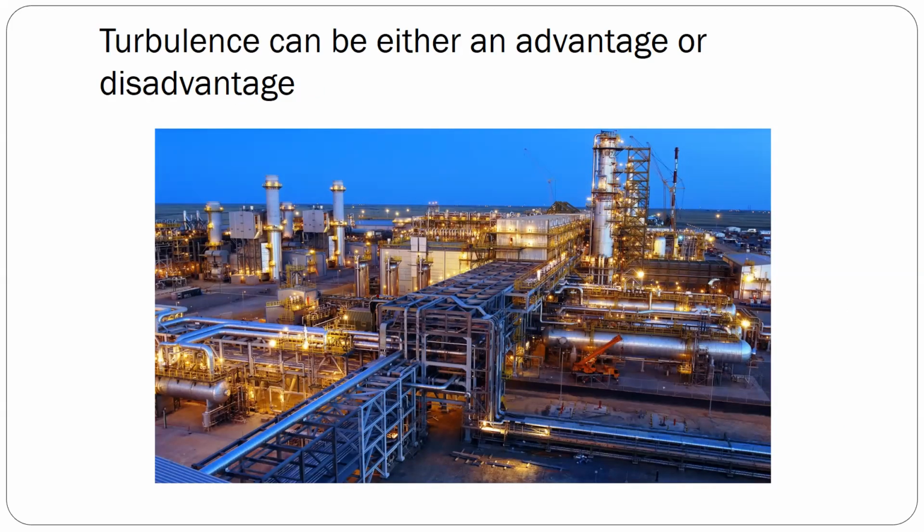The reason why we need to know or determine yung flow regime is because turbulence can either be an advantage or a disadvantage. It's an advantage in chemical processing because it allows a more efficient mixing of your fluids.